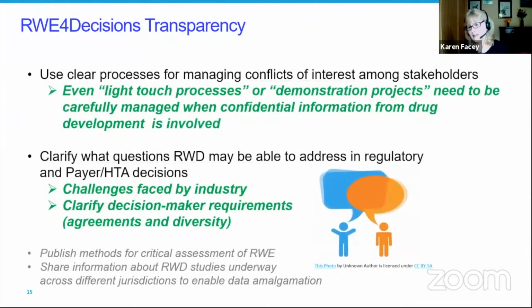So of course, we said that we need to manage conflicts of interest, and we need to be upfront about the conflicts of interest. But we found in our process, which we tried to make light touch, so a very small template to address the questions, that there were challenges in dealing with the conflicts of interest. And even though it was a light touch process, we had to have watertight governance for that.